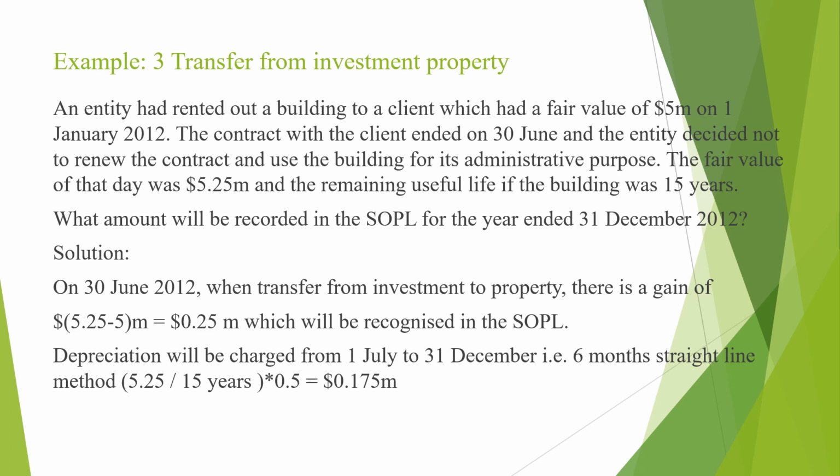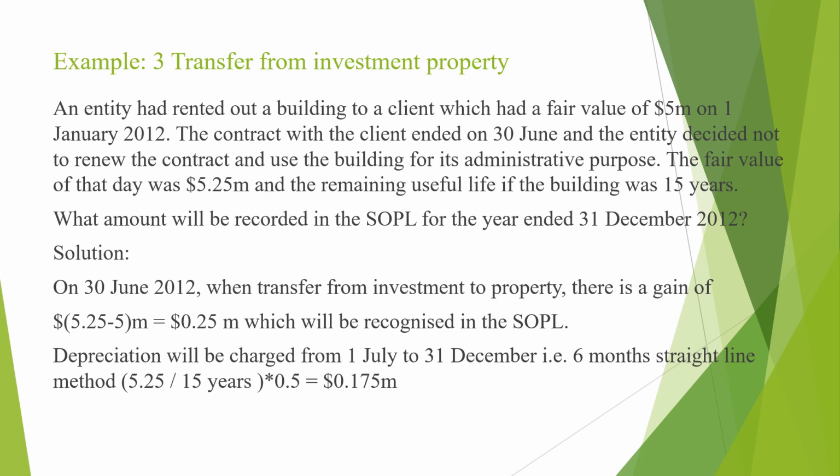Depreciation will be charged from 1st July to 31st December because now it is recognized under property, plant and equipment IAS 16. So the same rules will apply for this property. So depreciation from July to December is 6 months, straight line method.